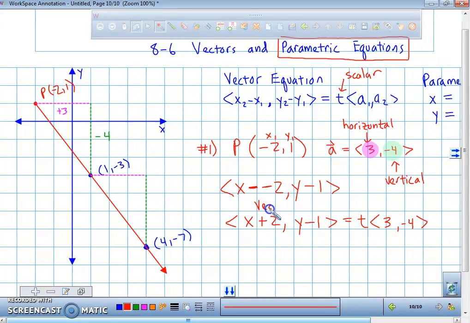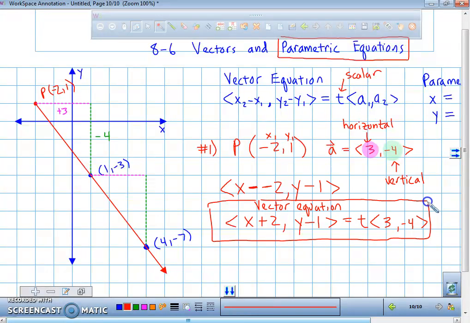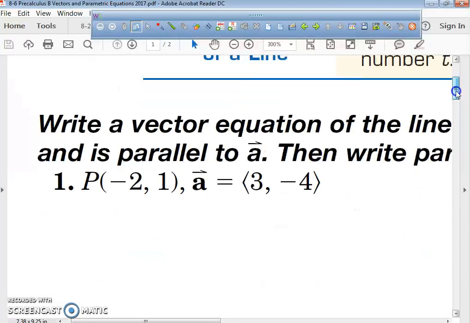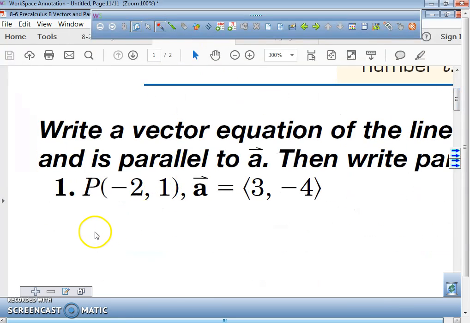All right, vector equation for problem number 1. So that's the first part of the answer that I'm looking for, is the vector equation. So what you would do is you go to problem number 1 right here, and you would write the vector equation.